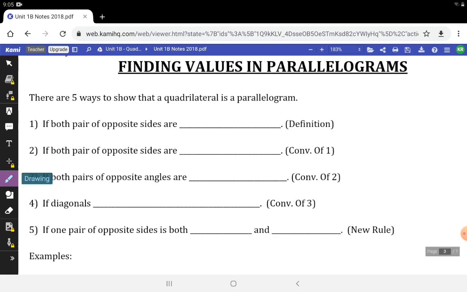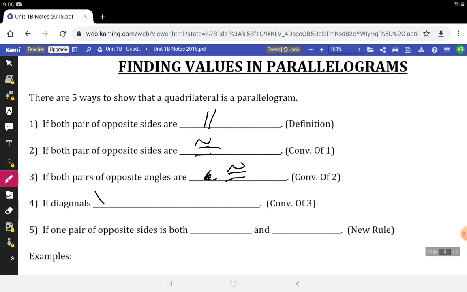So there are 5 ways that you can show that a quadrilateral is a parallelogram. Using the definition, if both pairs of opposite sides are parallel. If we look at the first rule that we looked at, then both pairs of opposite sides are congruent. If both pairs of opposite angles are congruent.